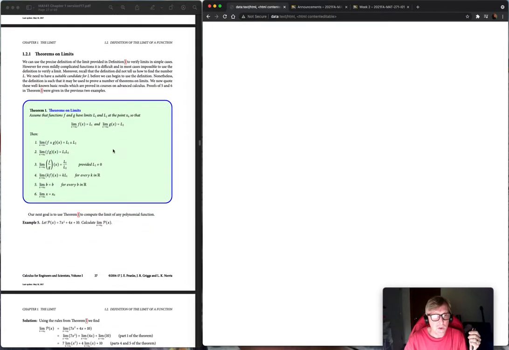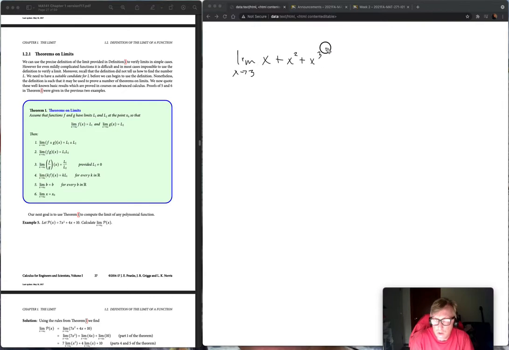All right, so there's some theorems on limits, and I'm just going to kind of talk through these instead of writing them out. The limit of a sum or difference is the sum of the limits. So, for example, let's say that you want the limit as x approaches 3 of x plus x squared plus x cubed.